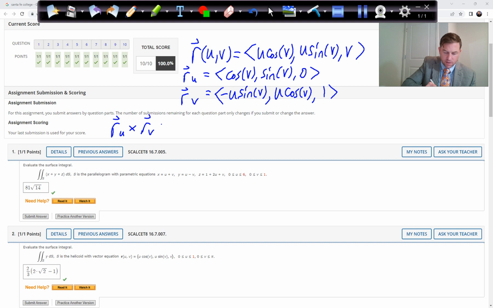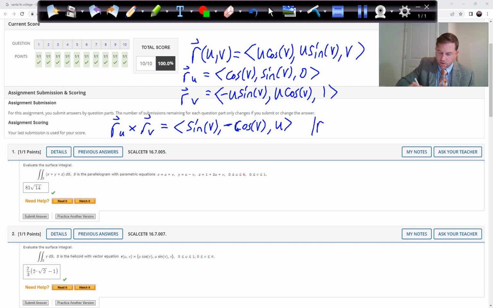Ru cross Rv from those 6 things should turn out to be sine v, negative cosine v, and u.